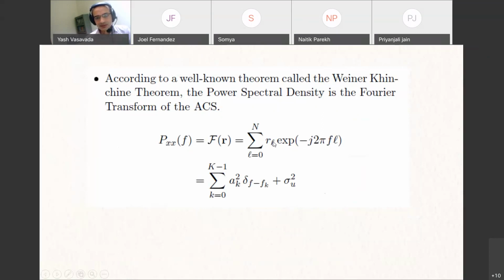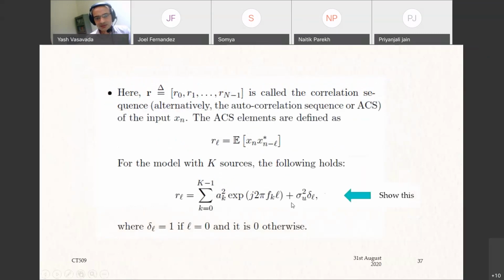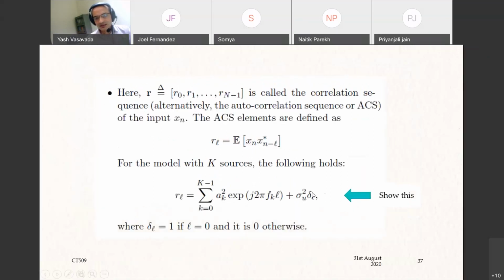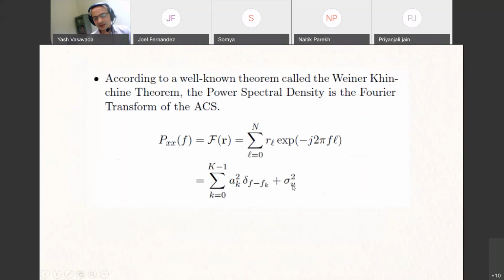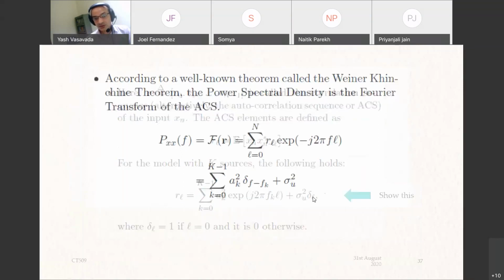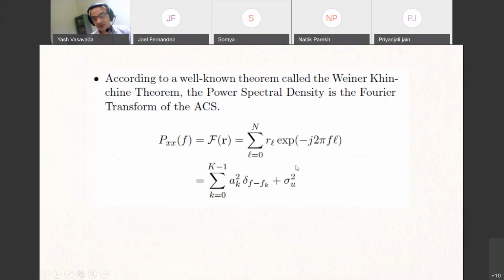And according to that, if I do the Fourier transformation of this expression, all of these exponential functions, as you may know, if I take the Fourier transform of an exponential function, it just becomes a delta function located at that particular frequency. This delta function gets located at 0. And so this delta function, which is located at 0 in the L domain, the delay domain, spreads out over all the frequencies, so it becomes a constant.